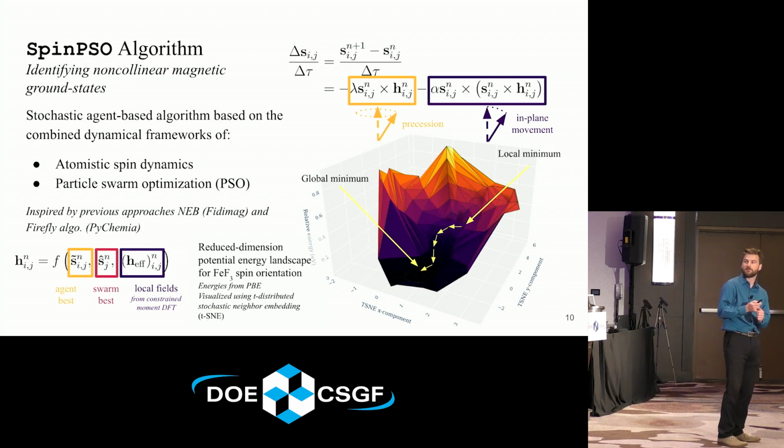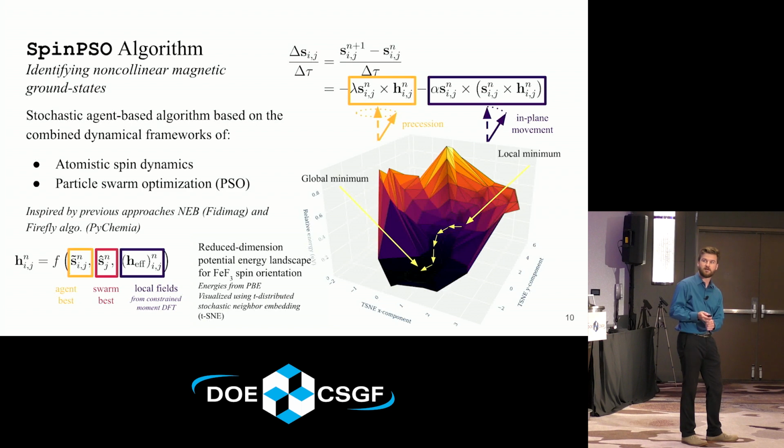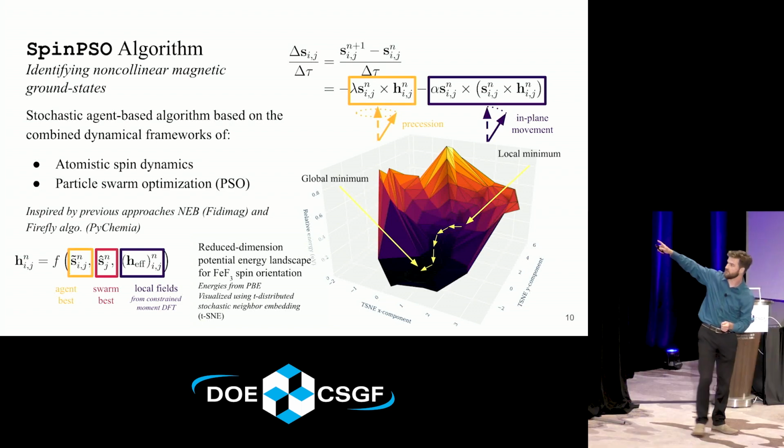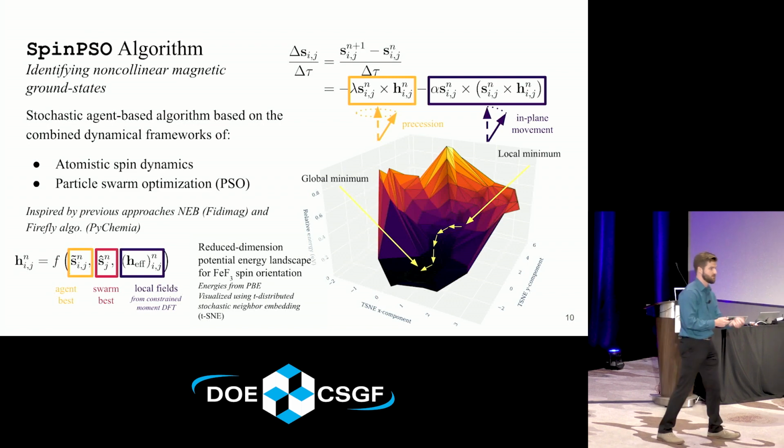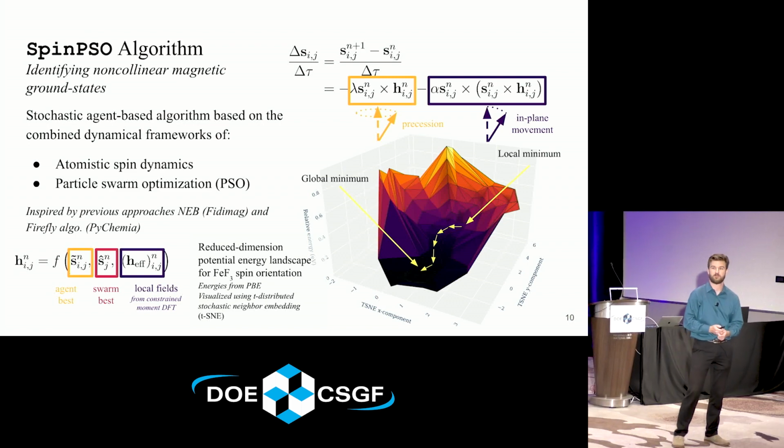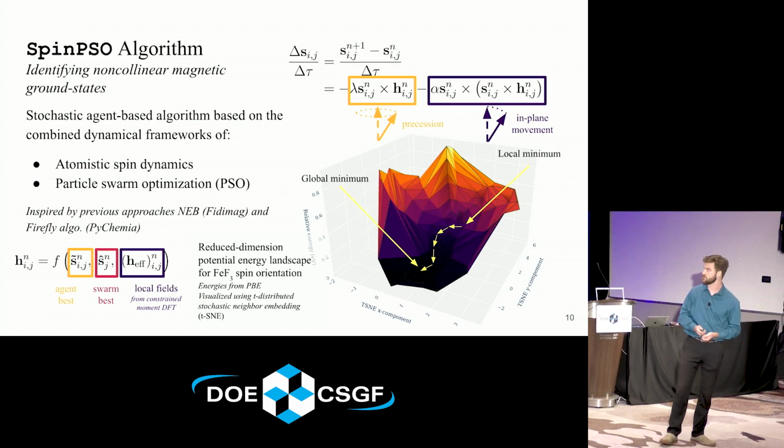Via this technique, which is inspired by some other studies, but no one has connected these two different algorithms, as far as I'm aware, we actually achieve global convergence to the magnetic ground state for a representative test set of different magnetic systems across different chemistries.